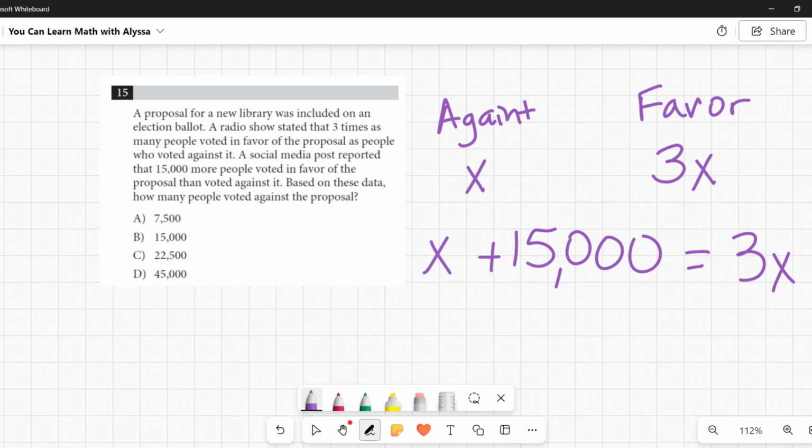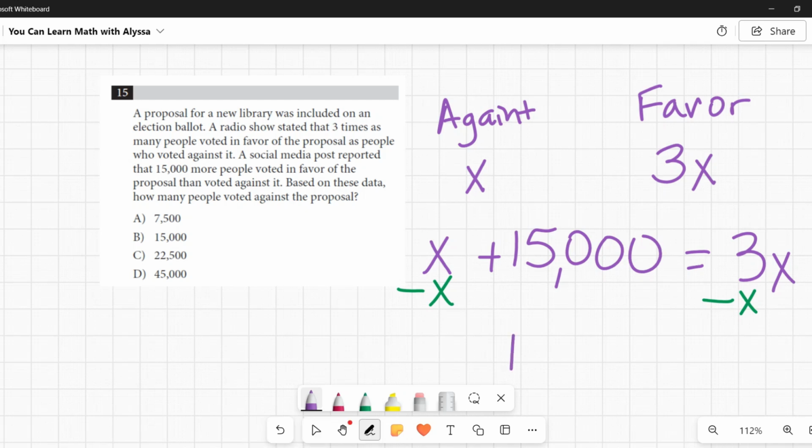So that original number X, 15,000 was added to it, and it equaled those in favor of it, which we also said was 3X. Now the question they're asking us is, based on these data, how many people voted against it? So we're solving for X. And with our little equation we've just made here, that X plus 15,000 is equal to 3X, we can solve for it. So I'm going to subtract X from both sides to get all the X's over here. So I'll do that.